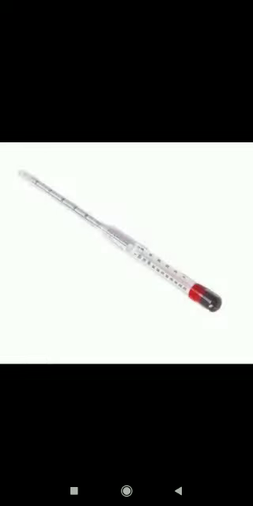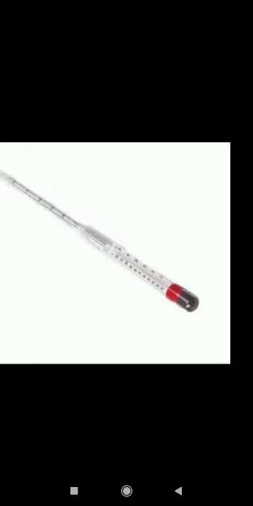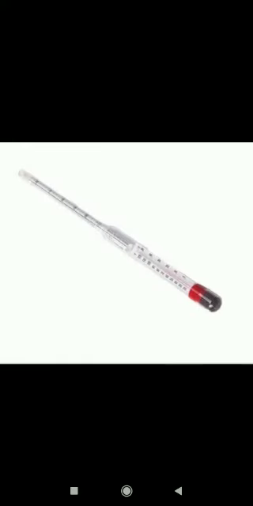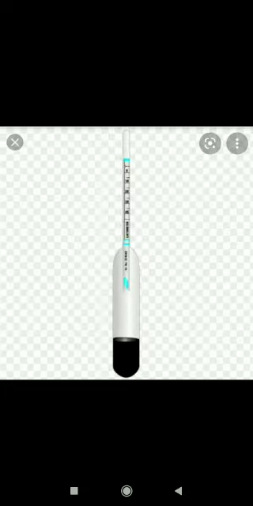Okay. So Archimedes' principle is used very widely. It is used in the lactometer and hydrometer. Now this is a hydrometer, which gives us the water content, and the lactometer, which gives us the content of milk in the milk. How much milk is present, how much water is present, we can get to know from this.